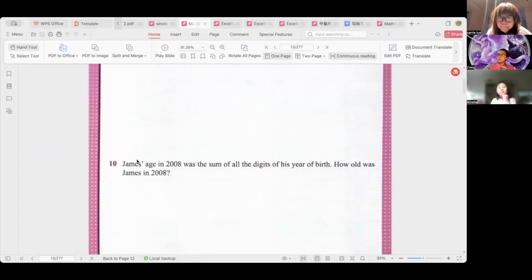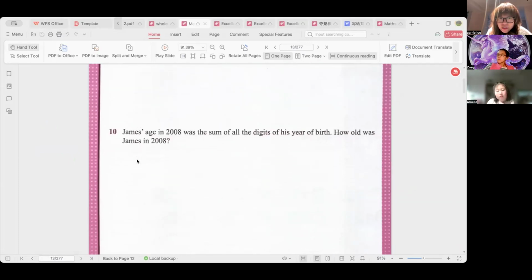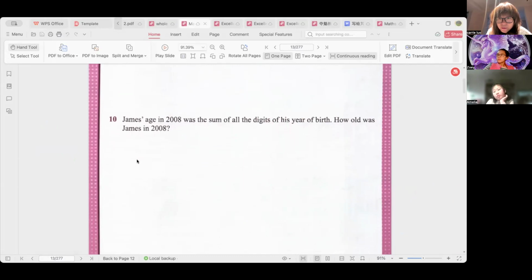Are you clear? Okay, James's age in 2008 was the sum of all the digits of his year of birth. How old is James in 2008?